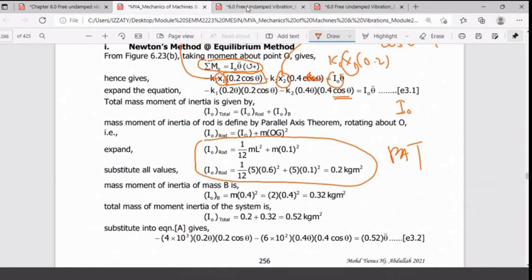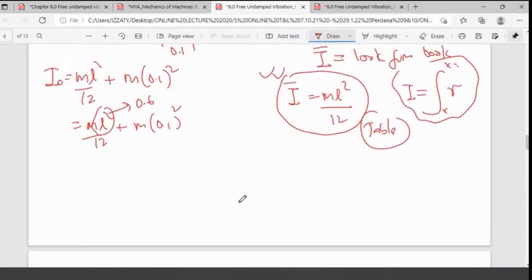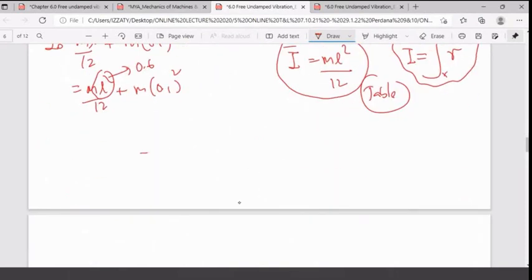Okay, another one more minute, because you have a compound body here. One will be the solid, or perhaps the uniform bar. The other one you have here is a mass, 0.2, 0.4.